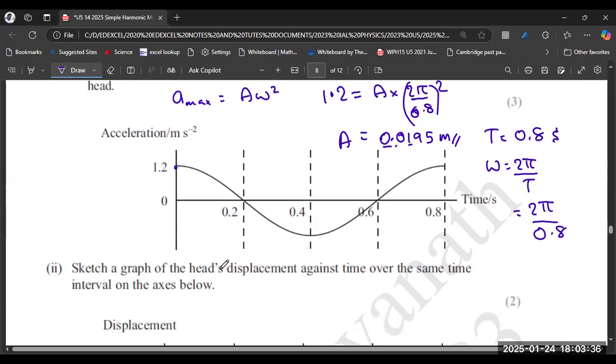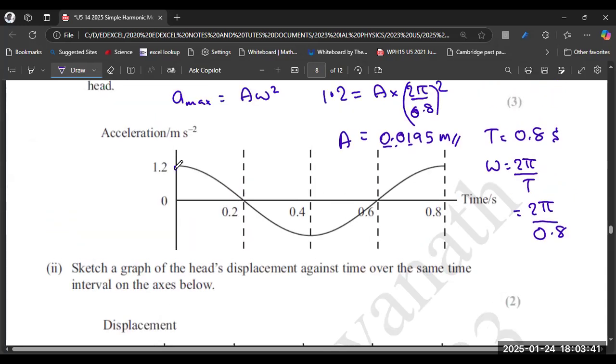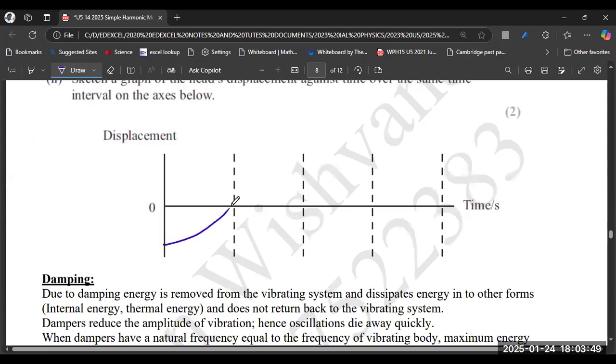Sketch the graph of the head's displacement against time over the same time. Displacement is a quarter cycle behind acceleration. So it should start like this, and we'll have the horizontal grid lines.